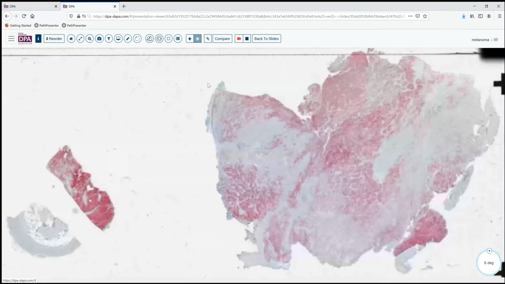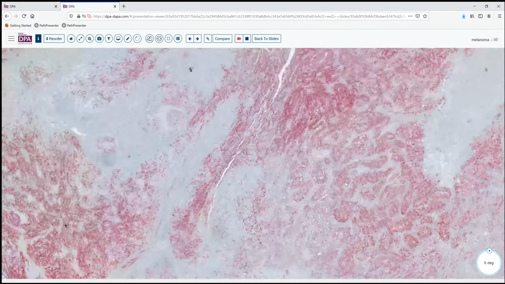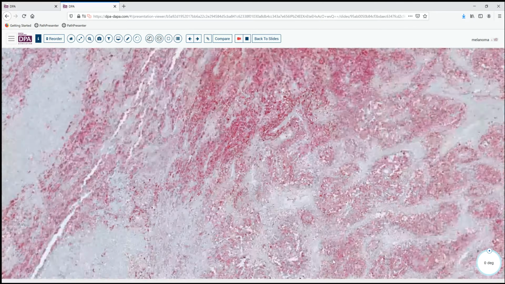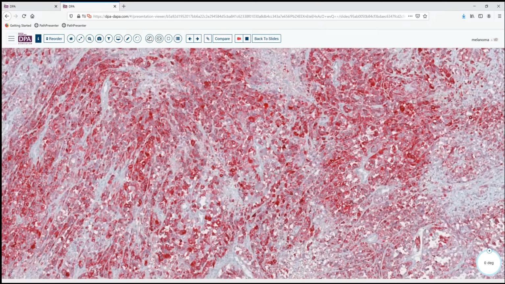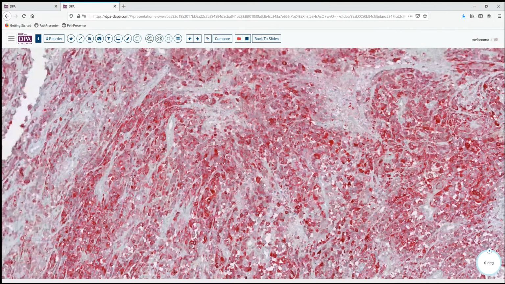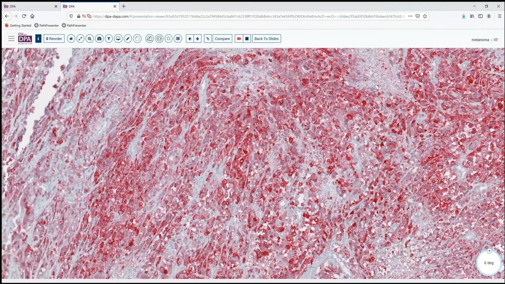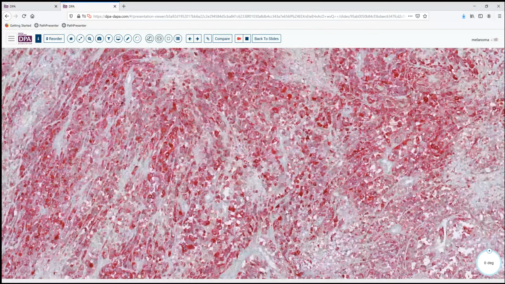So a representative section here using our red chromogen, and we can see that it's nicely positive. This is labeling using MART-1, Melan-A, and we use the red chromogen so that we aren't confused by background melanin pigment, which we didn't really see, but we didn't want to have that confound the picture.